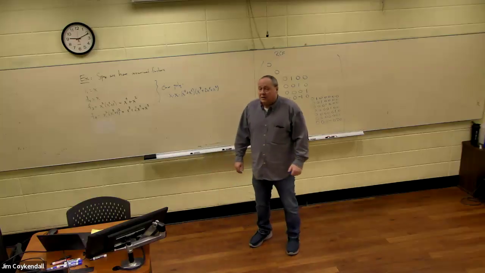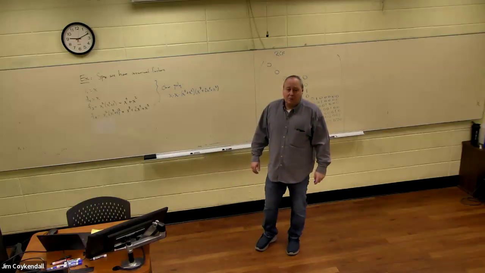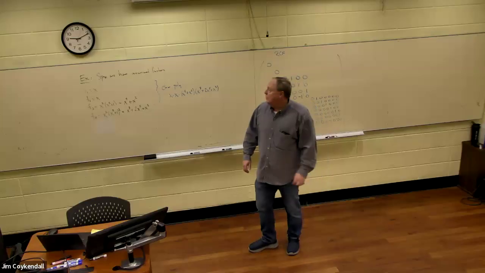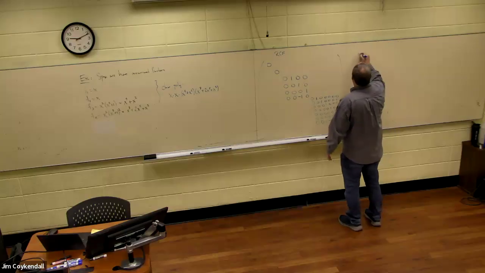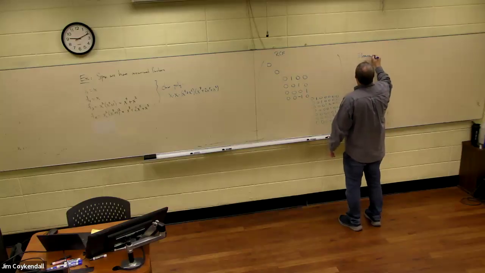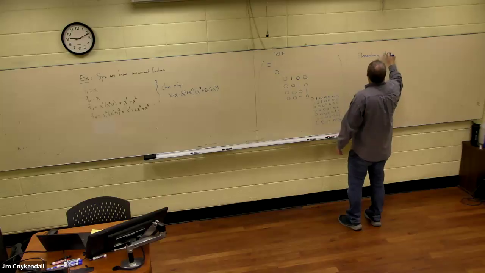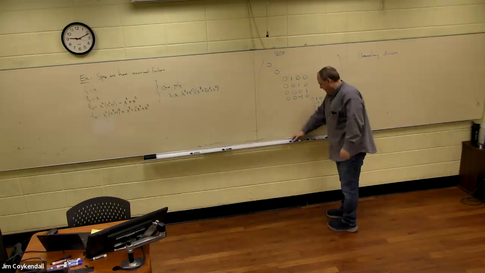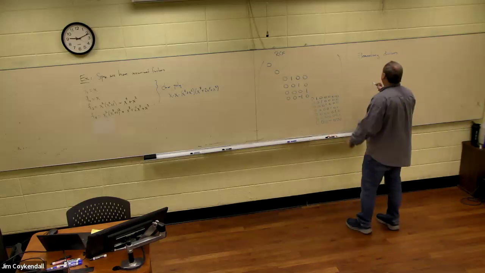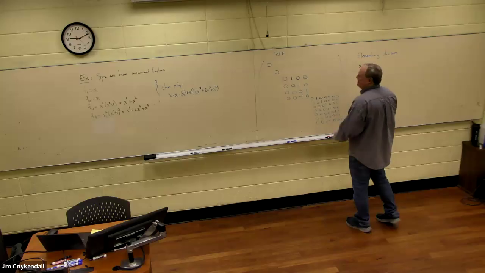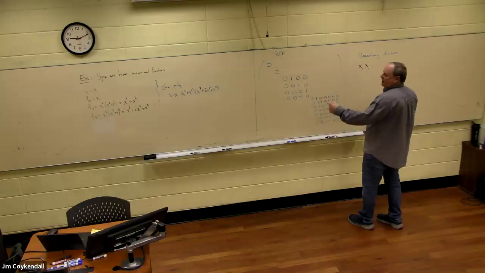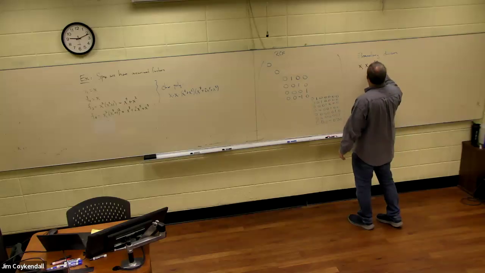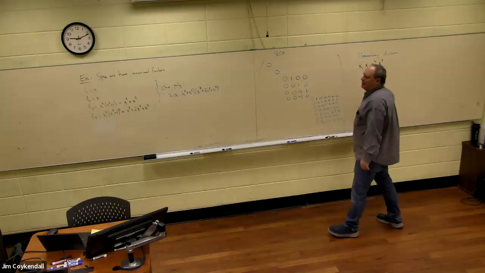To get the primary rational canonical form, I need to know prime powers, right? So let's see what happens. Let's try to get elementary divisors here. Well, for sure x is one of them, because x is certainly a prime, and so is x squared.